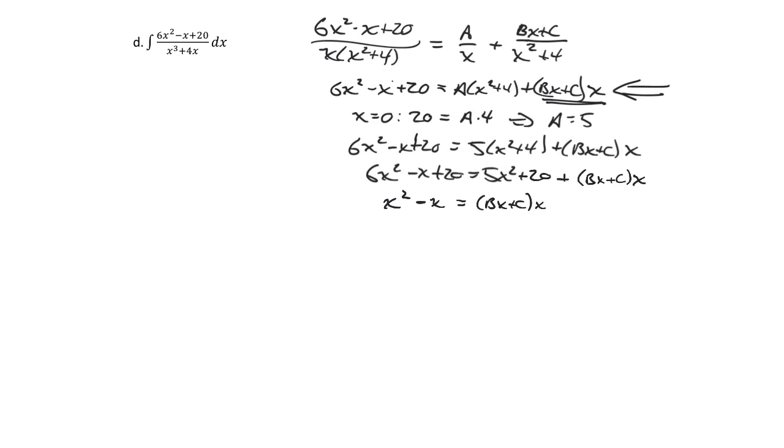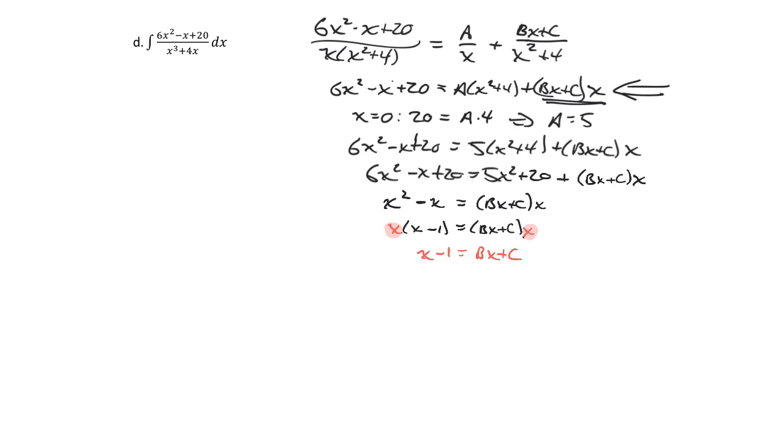So since the right side has a factor of x, the left side should also. We'll have x times x minus 1 equals bx plus c multiplied by x. So if we divide both sides by x, those will reduce, and we end up simply with x minus 1 equals bx plus c.